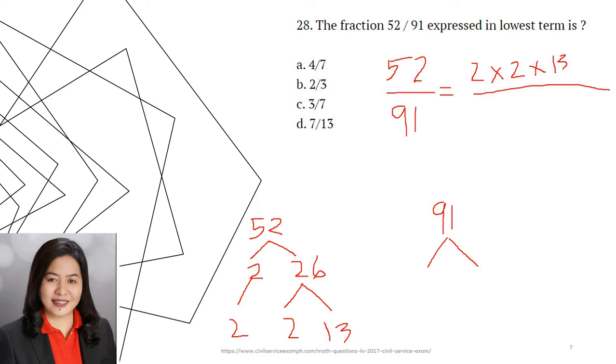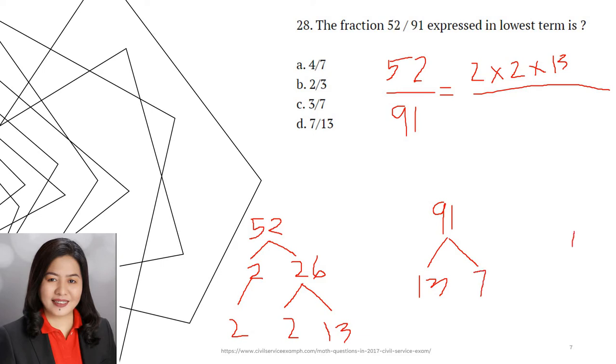You can only divide a number by 2 if it ends with 0, 2, 4, 6, and 8. So let's try 13. 13 is on top. So what we need to do is to determine if 91 is divisible by 13. In order to have a number that ends with 1, that would be by multiplying it by 7.